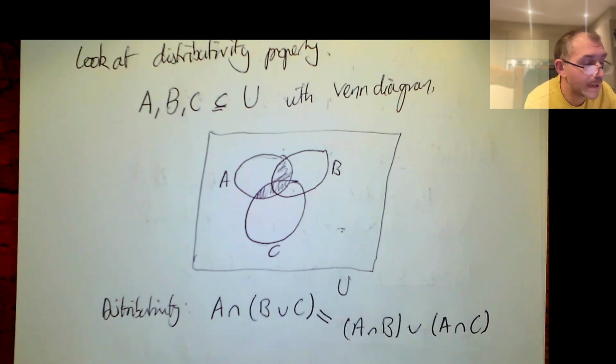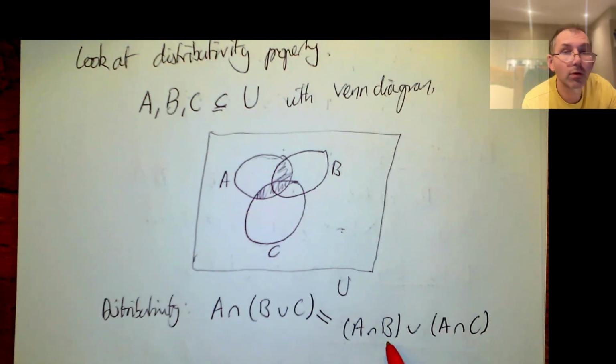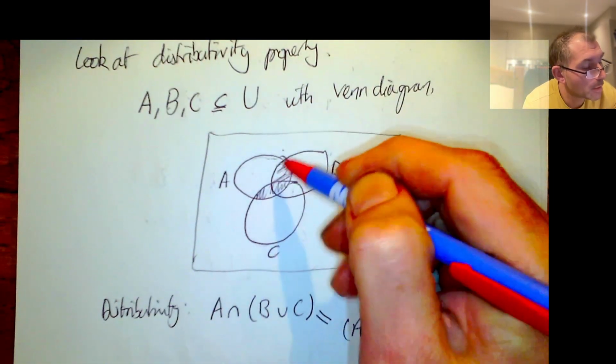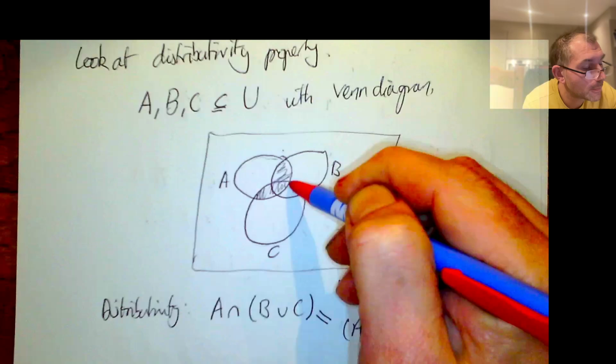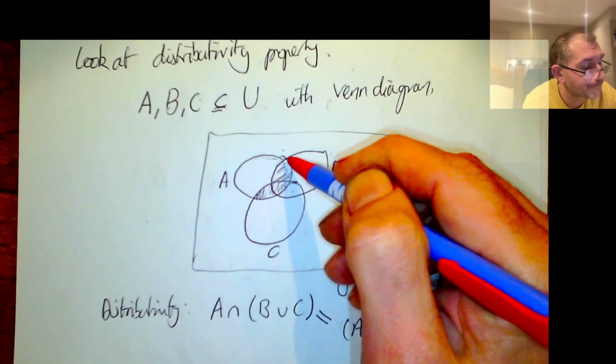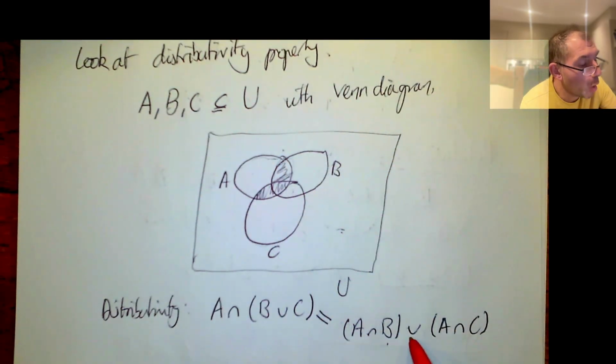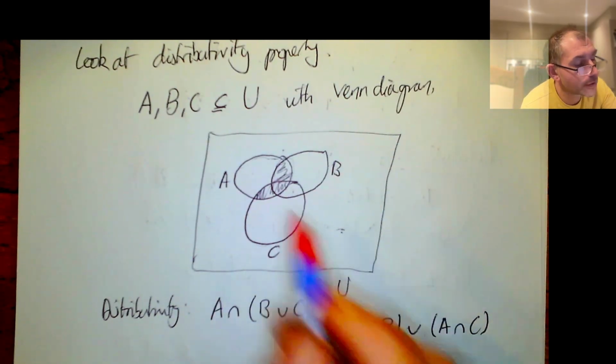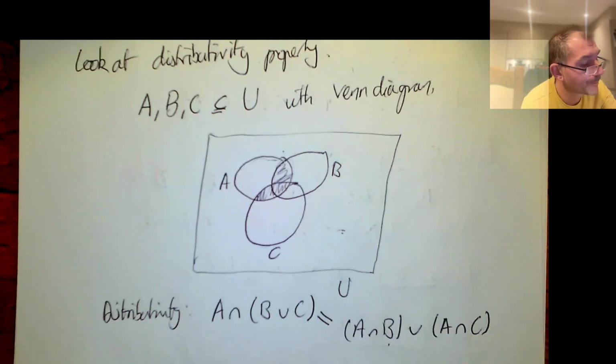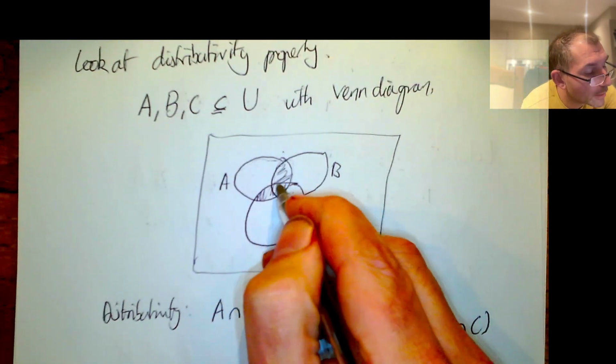But let's see what we get on the right-hand side. Here I want all the stuff that's in A and B, so that would be all of this stuff, together with anything I can find from the stuff that's in A and C. And the stuff that's in A and C is this bit. So let's just try doing that.